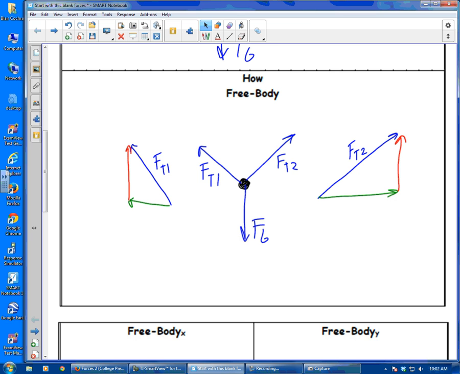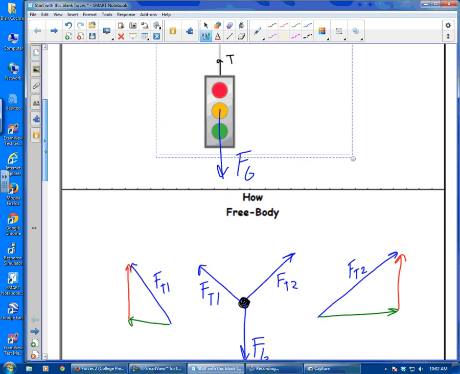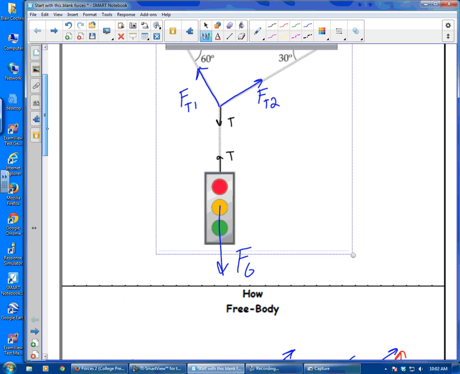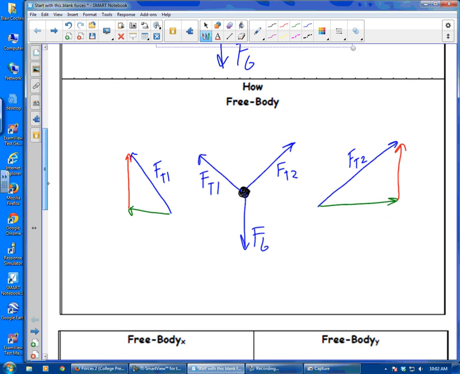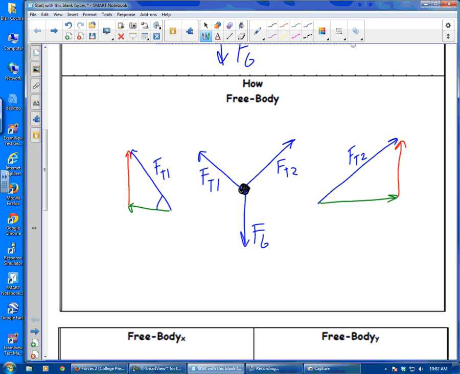And I'm told that the angle up there at the top is 60 on the left and 30 on the right, which means that this angle is 60 here, and this angle is 30 here. Alright?